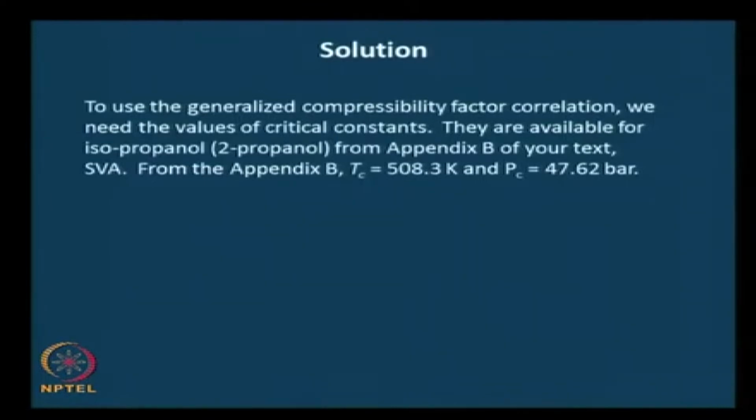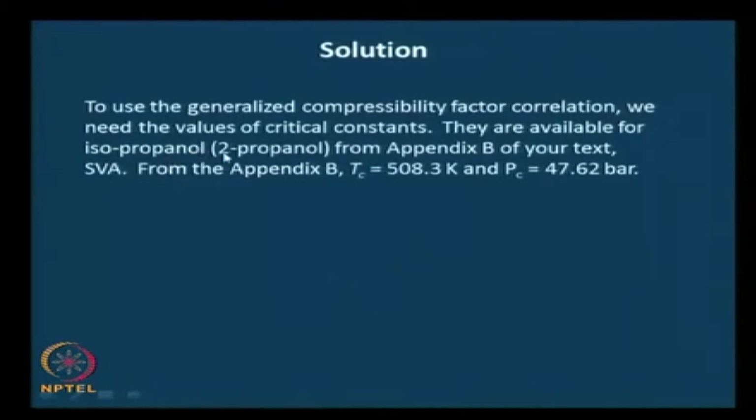You go back and see the relationships, you would know that you need critical constants, and as we have already seen before, they are available in appendix B of your text, and the pure substance that we are looking at is isopropanol.